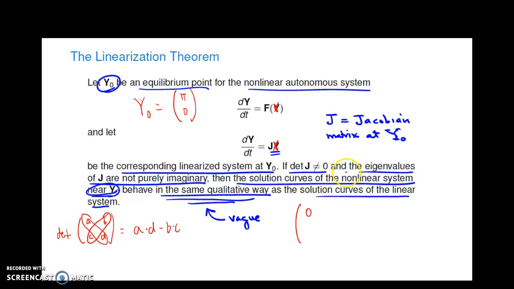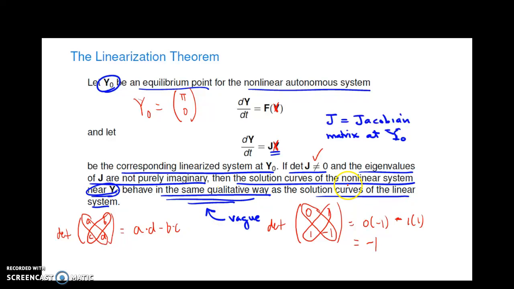So if the determinant is not 0, let's see what ours is. Here's our matrix, and the determinant of that would be 0 times negative 1, which is 0, minus 1 times 1, which comes out to be negative 1. So check, we've accomplished that. The determinant of J is not 0, and the eigenvalues of J are not purely imaginary.